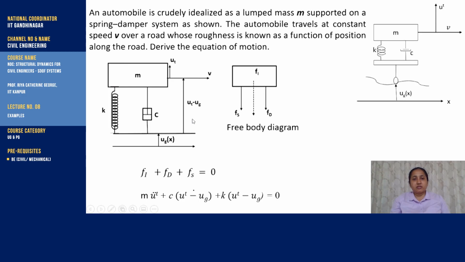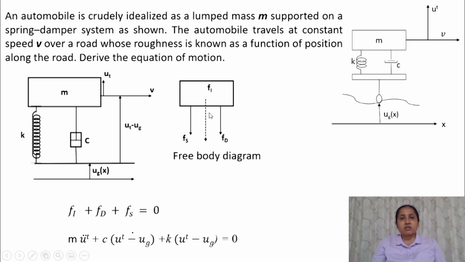So that would be inertia force plus spring force plus damping force is equal to 0. So what is inertia force? We have learned that inertia force is equal to mass times the acceleration of the mass. That is mass times ut double dot. This is the acceleration.